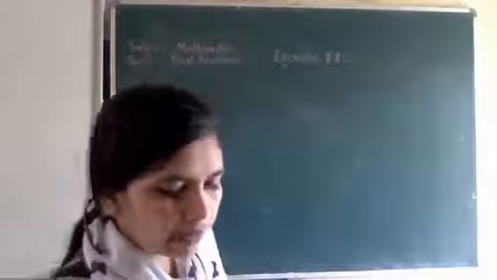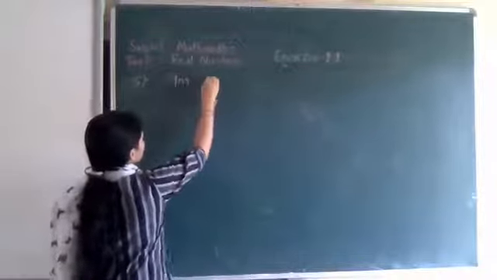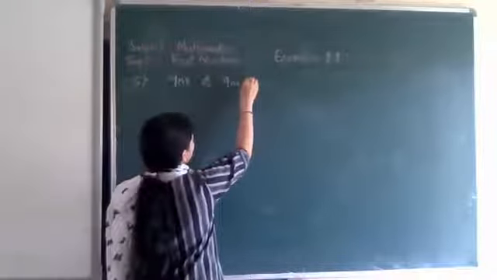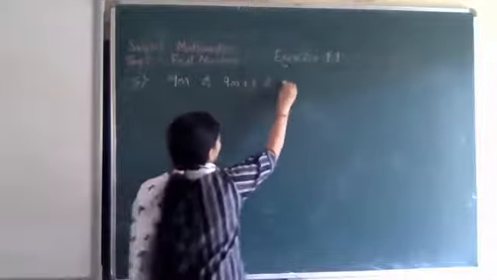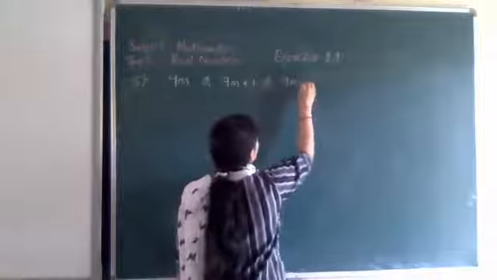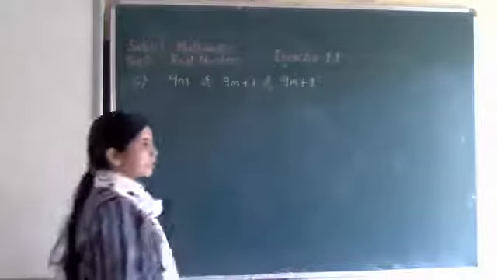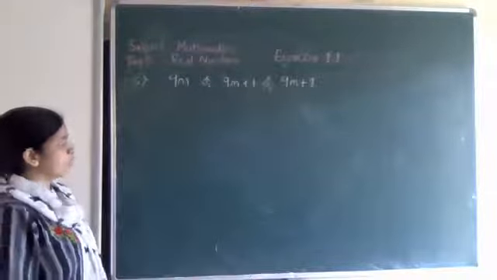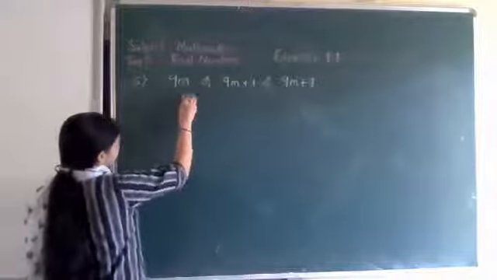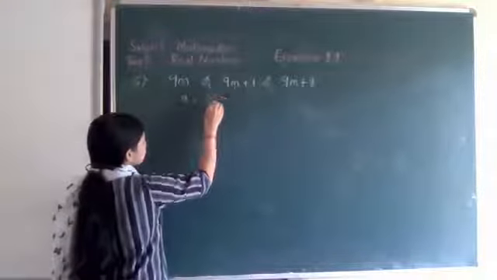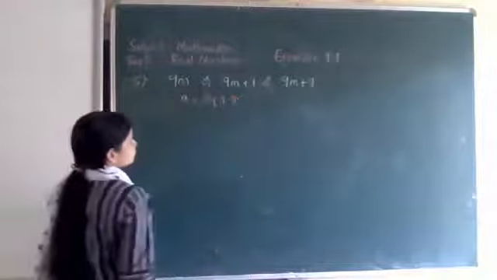Here they have asked us to show that the cube of some integer is 9m or 9m plus 1 or 9m plus 8. Here again, by applying Euclid's division lemma, take a is equal to 3q plus r.